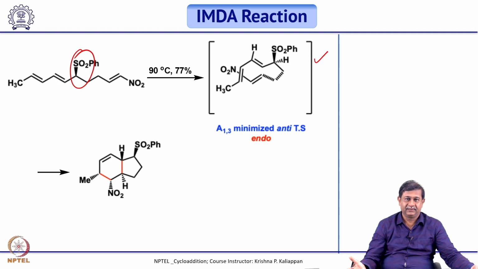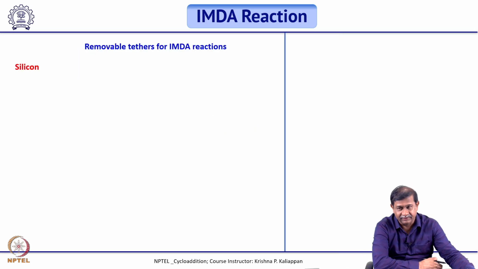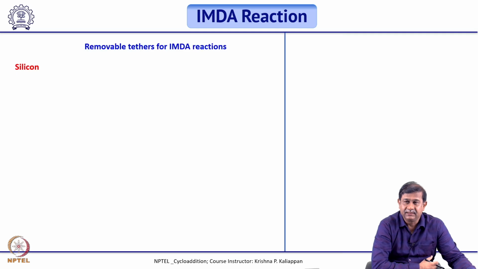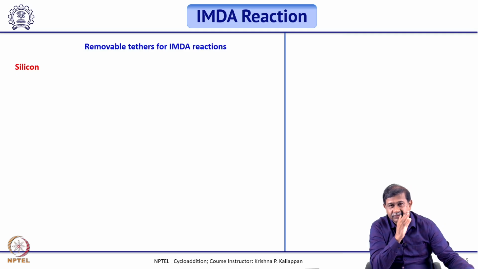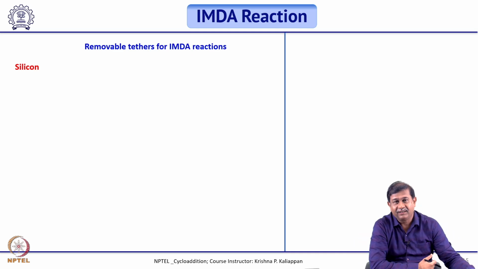Okay. So there are many such examples. You can go through the literature to find how the substituents closer to the diene or closer to the dienophile, but in the tether, affect the stereochemical outcome of the products in intramolecular Diels-Alder reaction type 1.